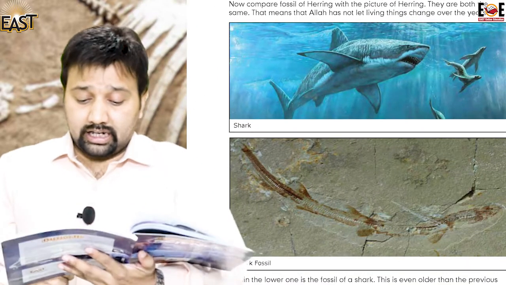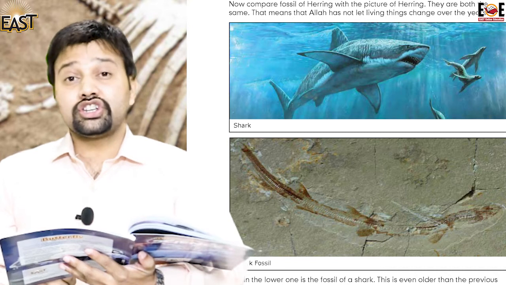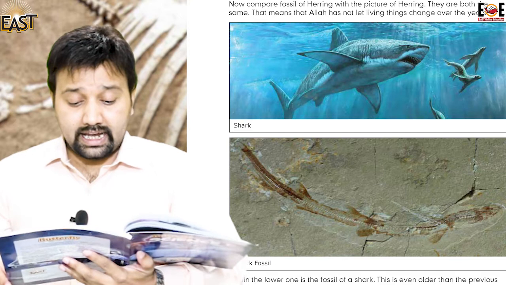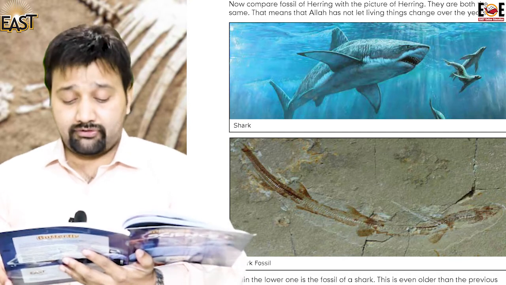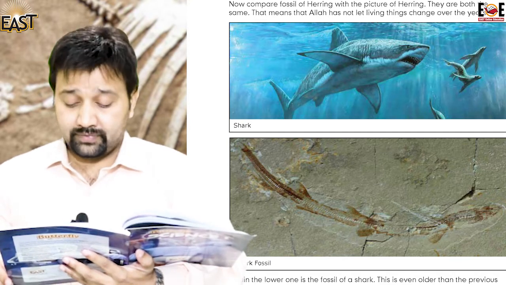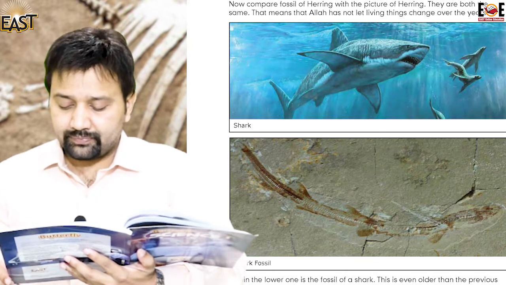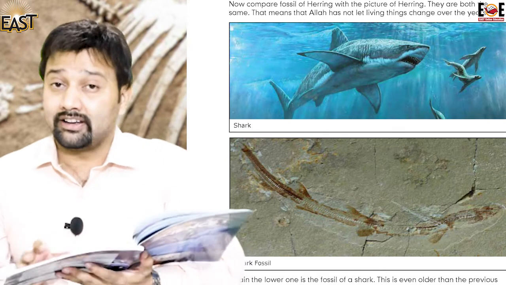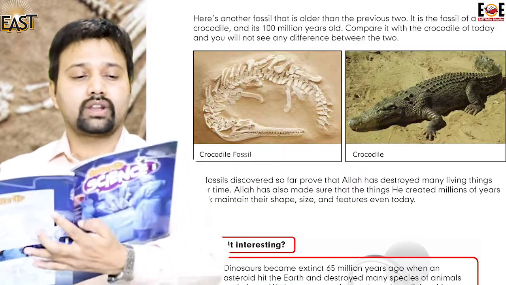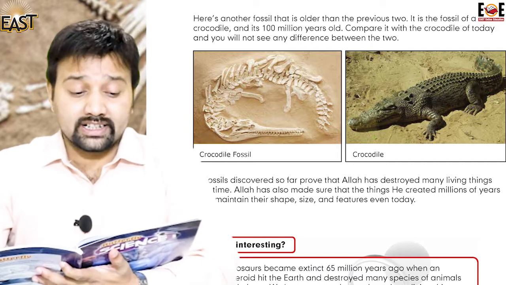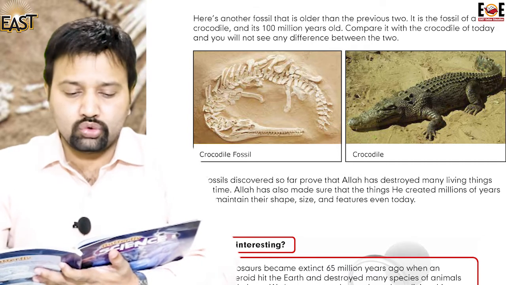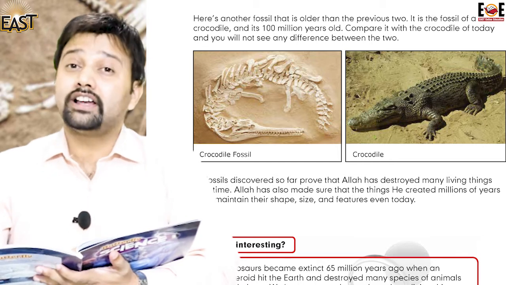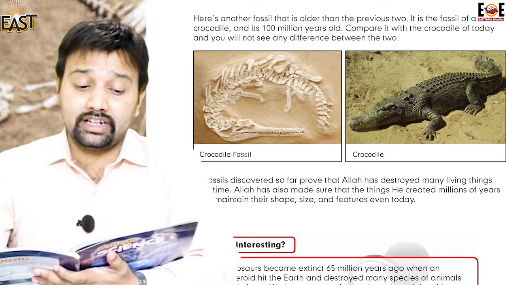Again, the lower one is the fossil of a shark. This is even older than the previous one, as it's 75 million years old. Examine it closely. You will see exactly the same features that are found in today's living shark. Here is another fossil that is older than the previous two. It is the fossil of a crocodile, and it's 100 million years old.